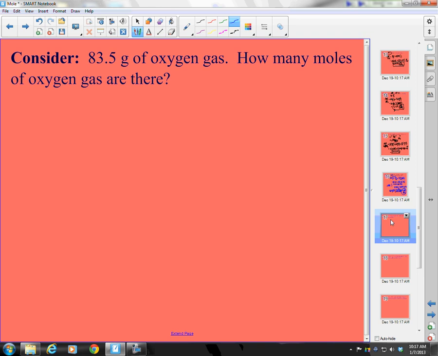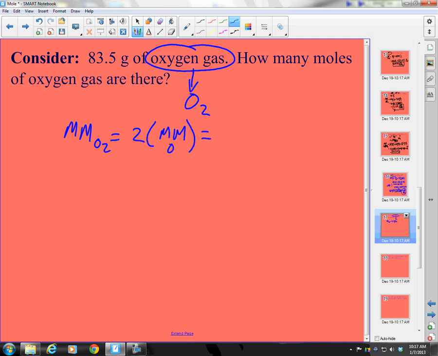Well, the trick is what? Oxygen here is a molecule, a diatomic molecule, meaning it is O2. So what is the molar mass of O2? It's going to be 2 times the molar mass of 1 oxygen, which is 2 times 16.00, which is 32.00 grams per mole of O2.